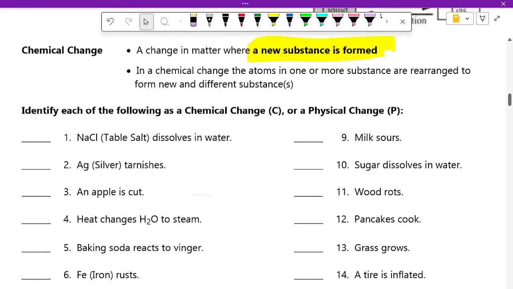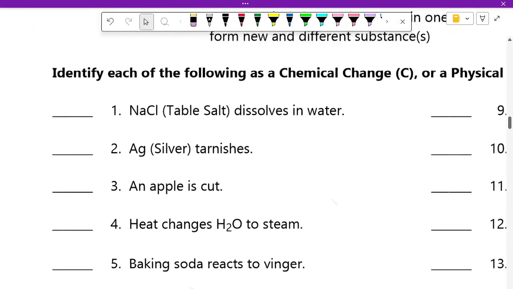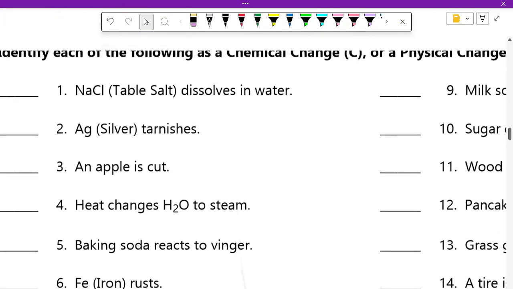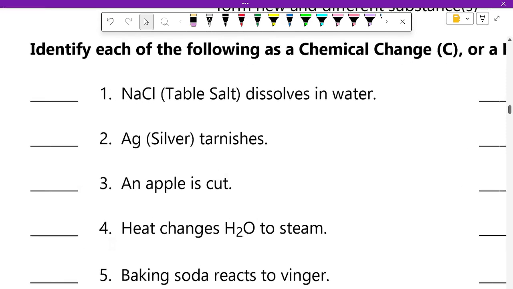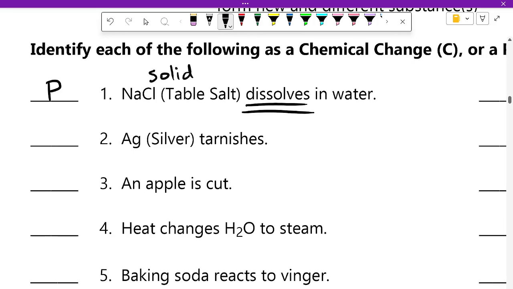All right, let's go through these next ones. On page 53, table salt dissolves in water. Chemical or physical? Physical. What state was our table salt? Solid. And what state did it change to? Aqueous. What's an aqueous?